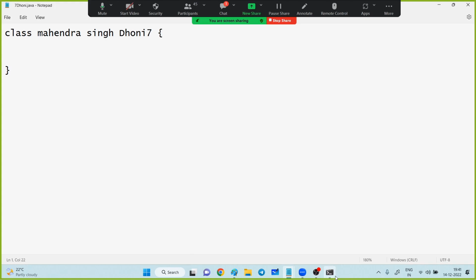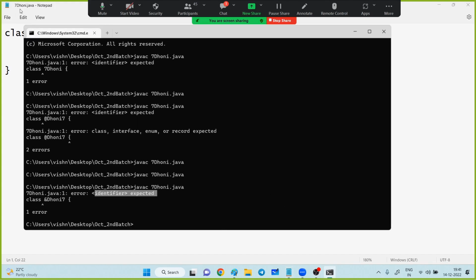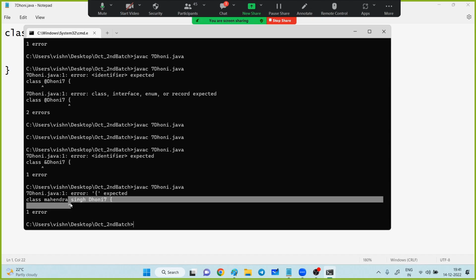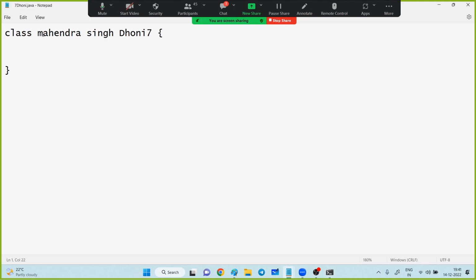Now I'm running the same file again, I'm saving the same file. Now see, it is throwing an error, expected. It is considering that the class ends from here, because no spaces are allowed, right? It is one word, so from here it is expecting the opening braces, here it is considering as the opening point.